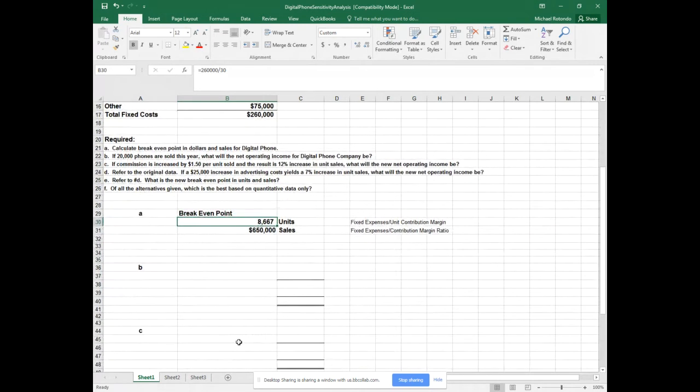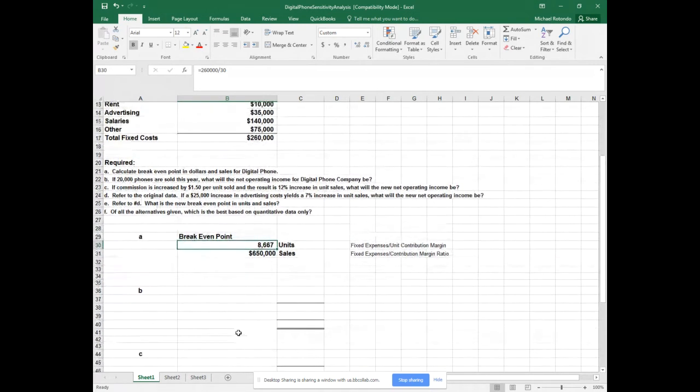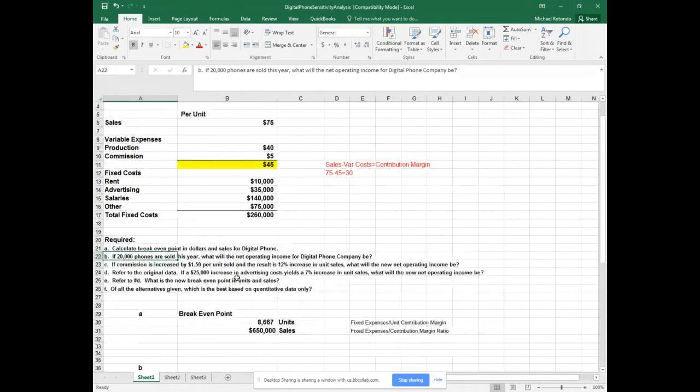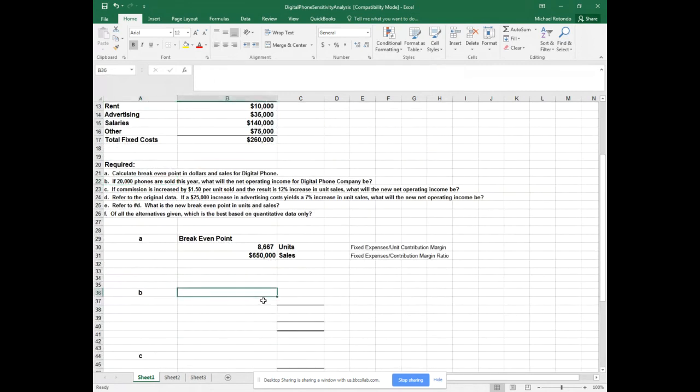Okay. Now, when we look at B and it says, if 20,000 phones are sold this year, what will the net operating income be for Digital Phone Company? So now that we know what our fixed and variable costs are, we can calculate this. And so we can do our sales.